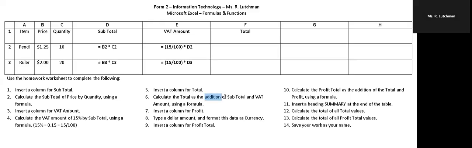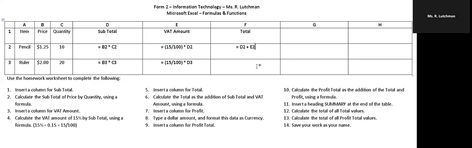Addition of subtotal and VAT amount. Okay, so my first total answer is going to go here in F2. And I want to add my subtotal and my VAT amount. So equal, subtotal would be D2 plus VAT amount, which is E2.